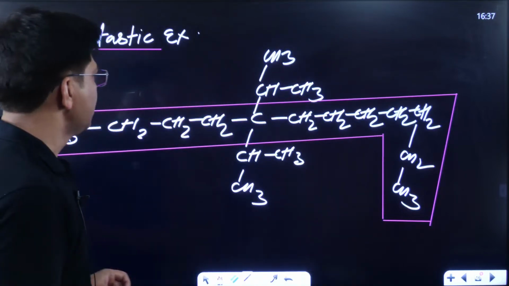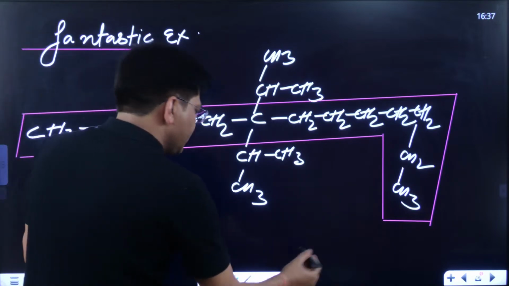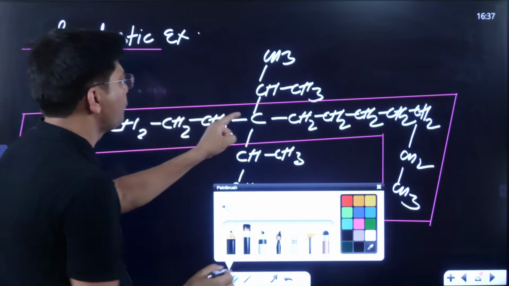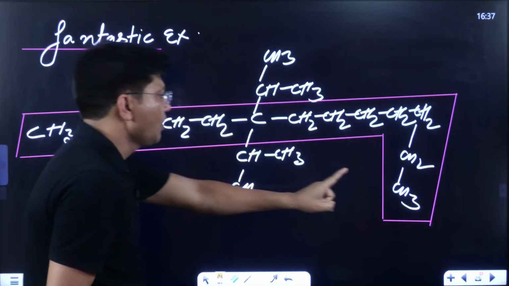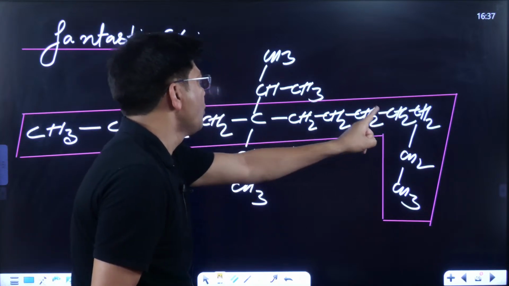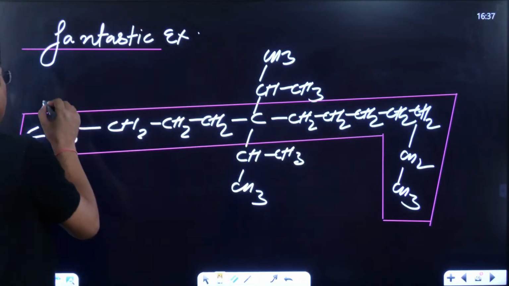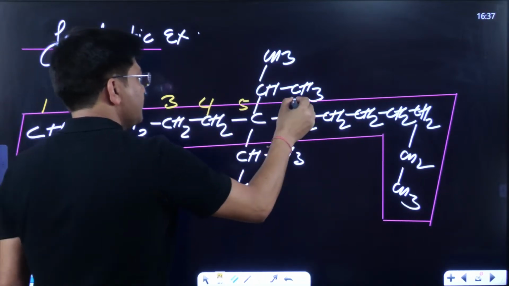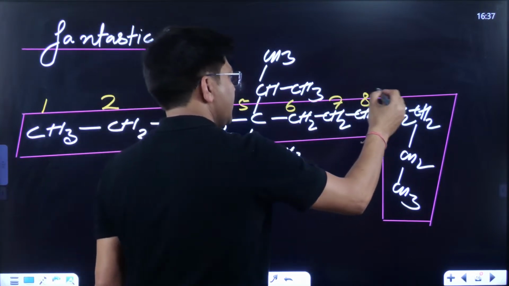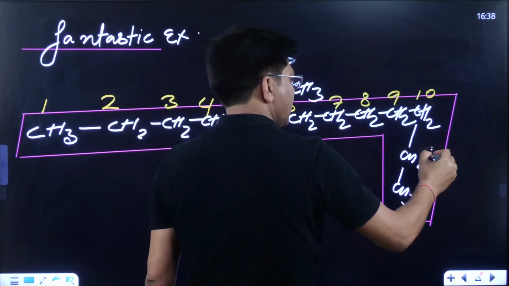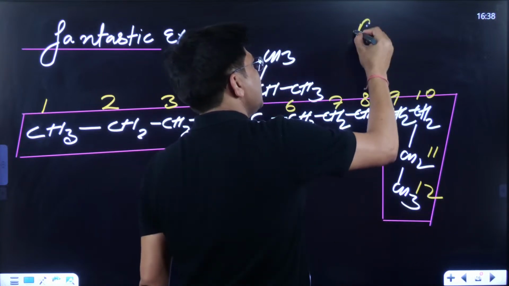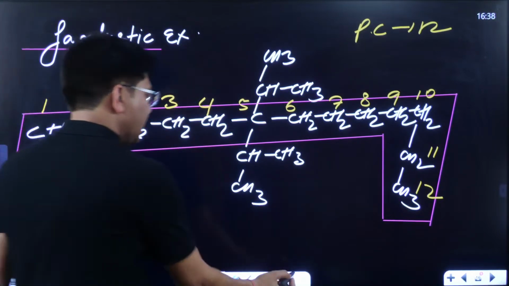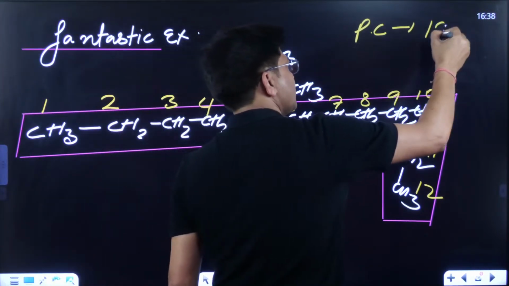From which side should I do the numbering? 1, 2, 3, 4, 5, it is coming on the 5th carbon. 1, 2, 3, 4, 5, 6, 7, and so on up to 12. So the parent chain has 12 carbon atoms.